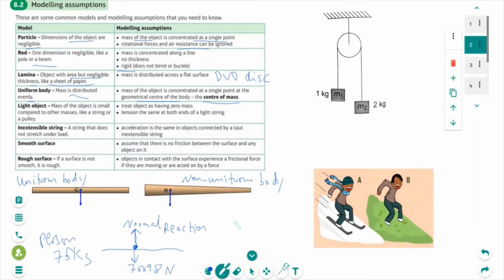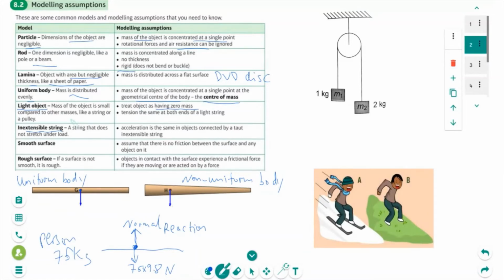Okay. The next one, light object. If an object is modeled as a light object, then basically you could ignore the mass. You can treat the mass as zero. So the mass is negligible. Inextensible string means a string which cannot be stretched.